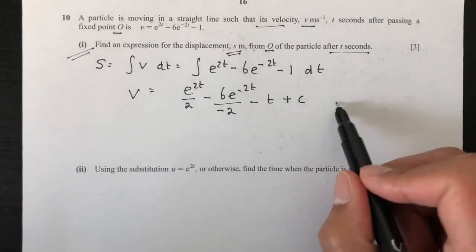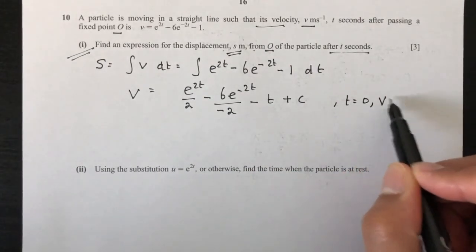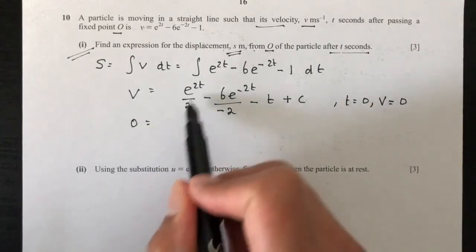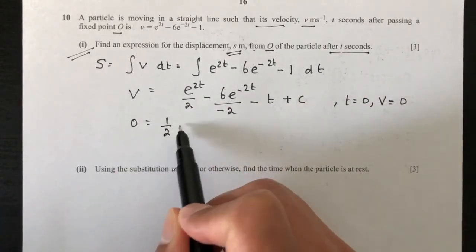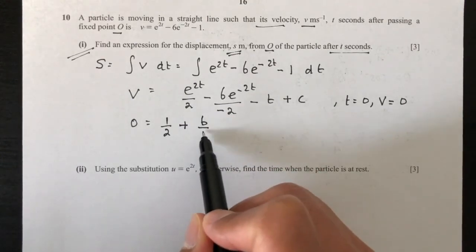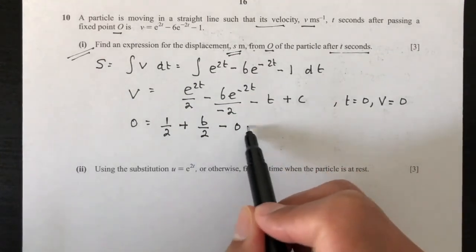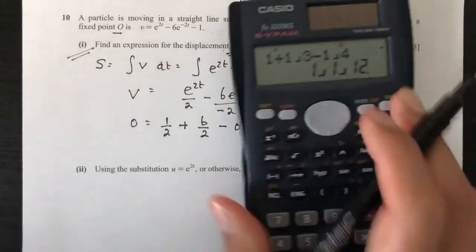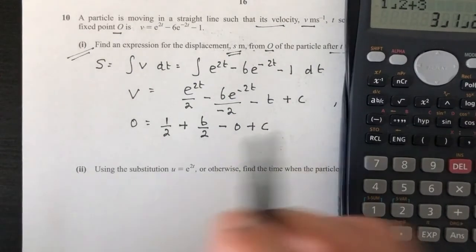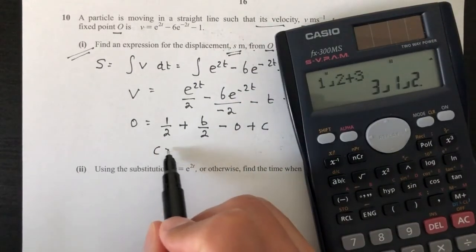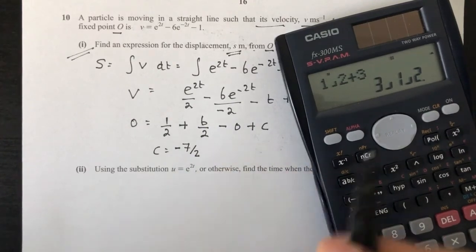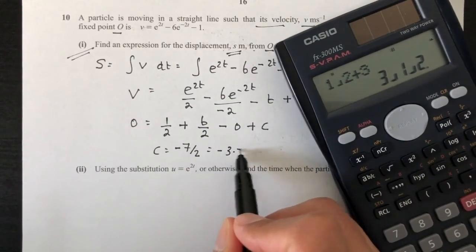Now you know that at the value of t equal to 0, s was supposed to be 0. So this gives you 0. This is 1 over 2 plus this is 6 over 2 minus 0 plus c. That will be half plus 3. So c is equal to minus 7 over 2, which is minus 3.5.